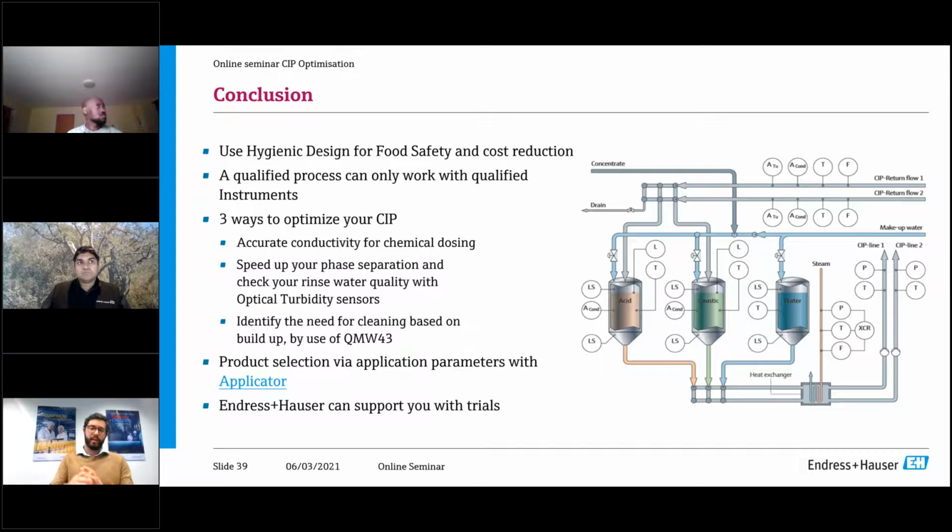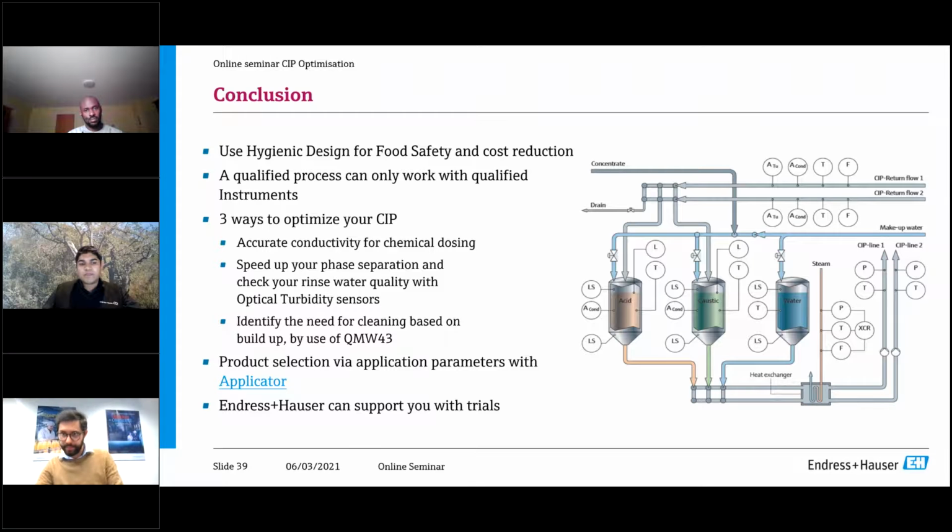And number 3, I think it was really the highlight of the presentation, especially in the last part: we now have a new sensor that is able to measure buildup in process without the need to open or disassemble anything. Do you want to make any other comments here, Darren, before we go to the questions?